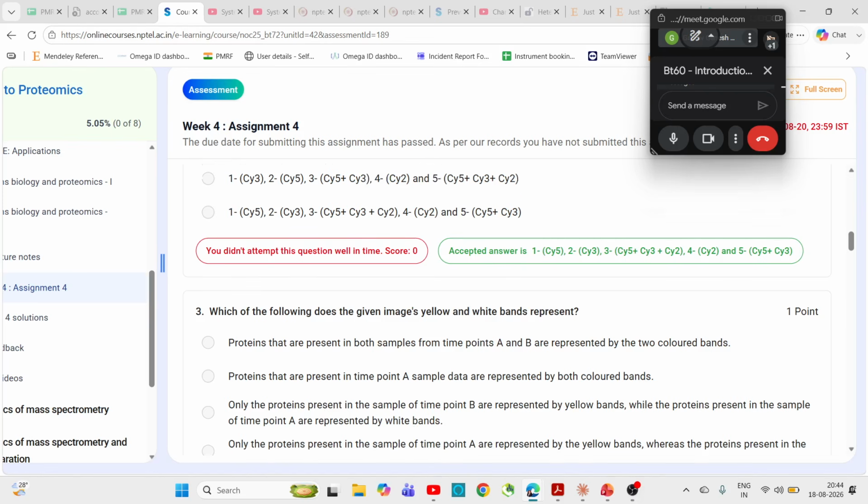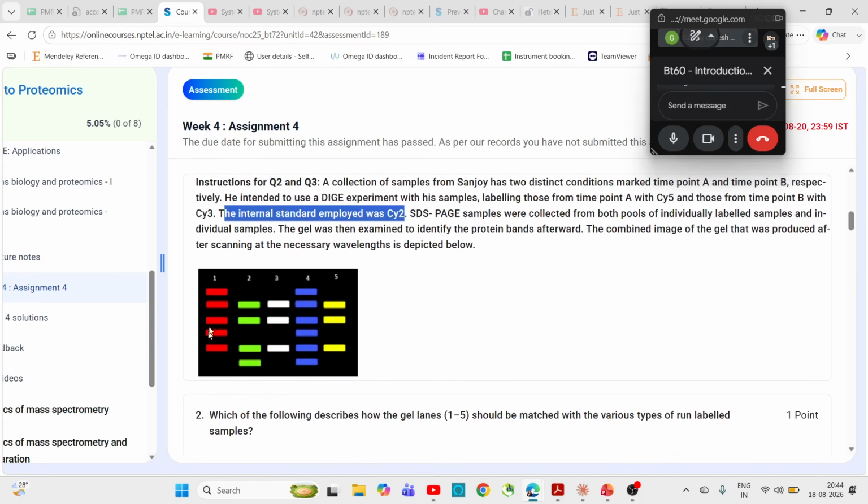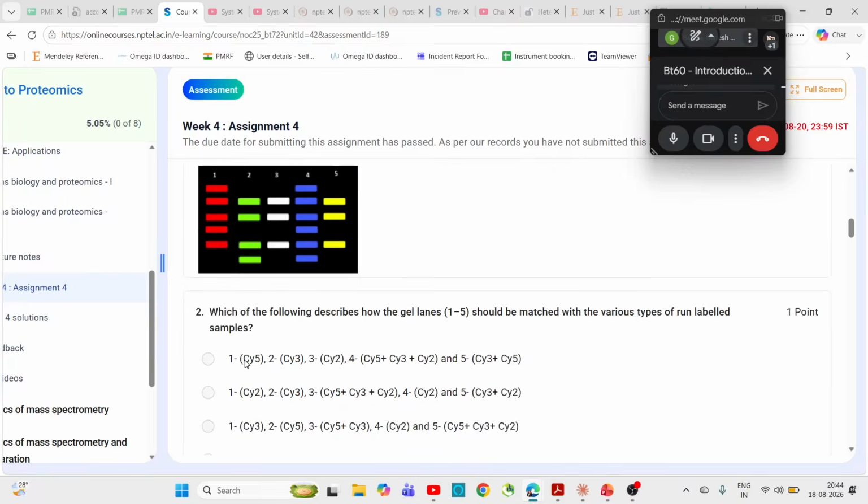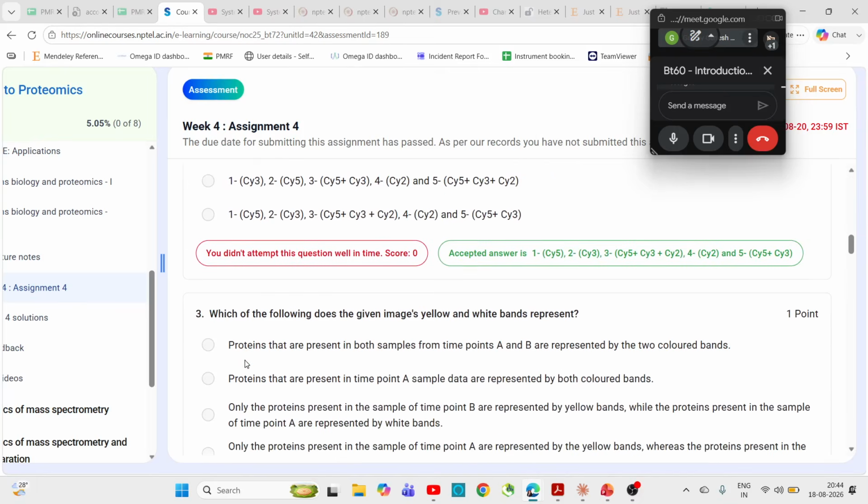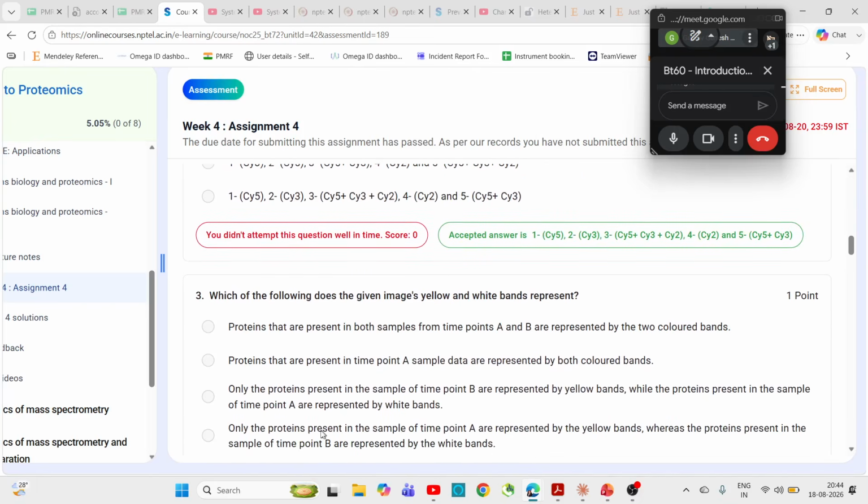But that's not the case because Psi5 and Psi3, this is time point A and time point B. Similarly, it's the opposite: only the protein present in sample time point A are represented by yellow, whereas B are represented by white. So these two are obviously not correct according to me.